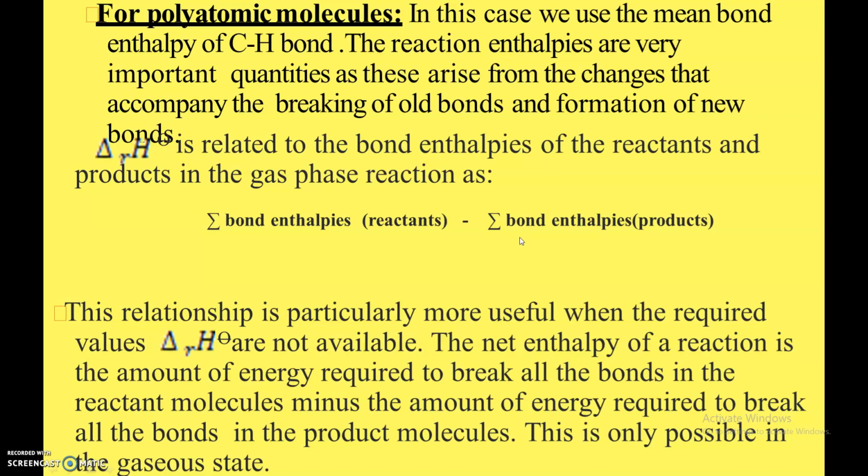So the net enthalpy of a reaction is the amount of energy required to break all the bonds in the reactant molecules minus the amount of energy required to break all the bonds in the product molecules. This is only possible in the gaseous state.